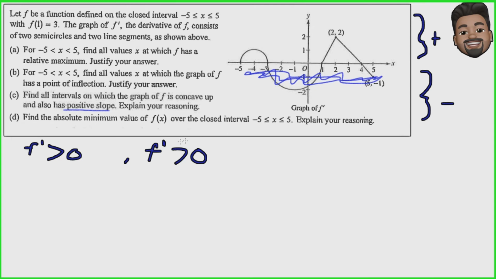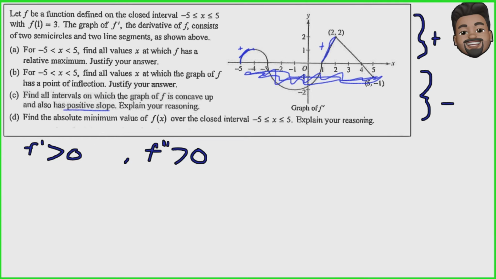So we're obviously not going to look at that. Now let's go ahead and find out where f double prime is positive. Well, we kind of did this, and it's kind of a combination of A and B, because from here to here it's positive slope. From here to here it's positive slope. This is obviously negative slope, right? So we can conclude right here.